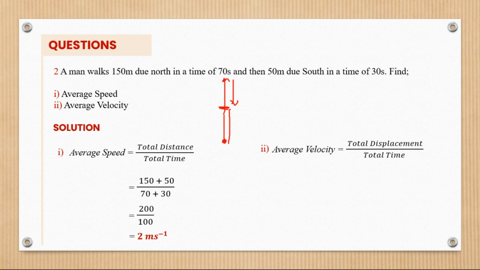So that's why we only focus on this distance right there. So our total displacement is now going to be equal to 150 minus 50, and that's how we get it. And then total time remains the same as 70 plus 30. So you have 100 over 100, and therefore our average velocity is going to be equal to 1 meter per second.